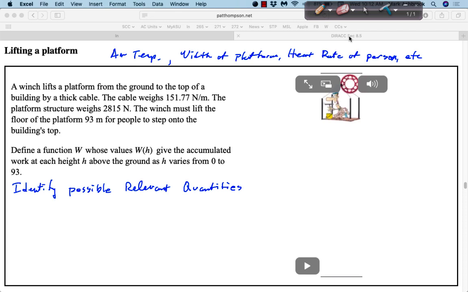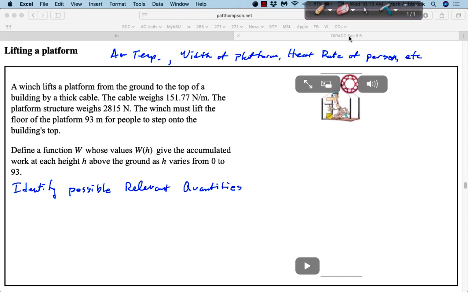Okay, so let's throw out the ones you initially thought of, and then I'll write down the ones you think are the real ones we have to focus on in this problem. Just shout them out. The weight of the man, okay? Gravity, acceleration of gravity.